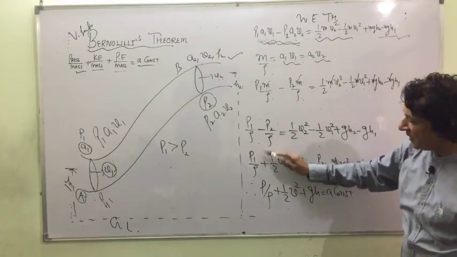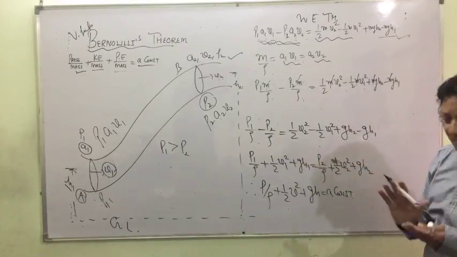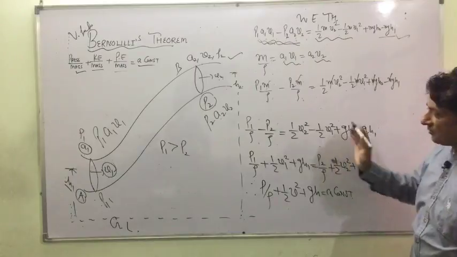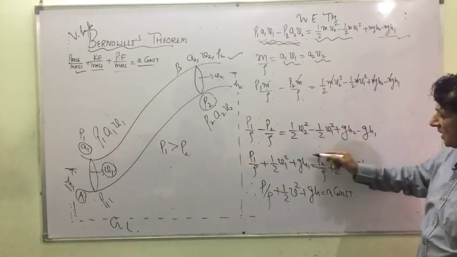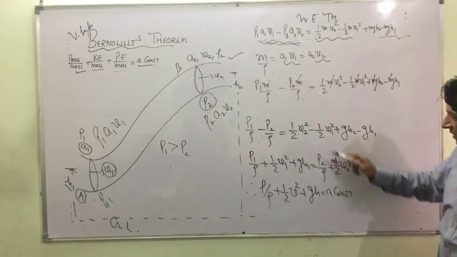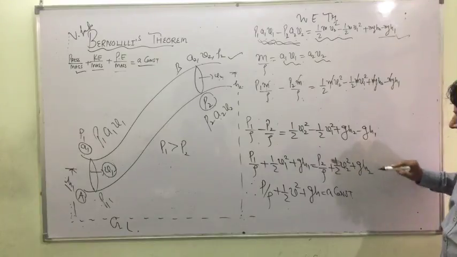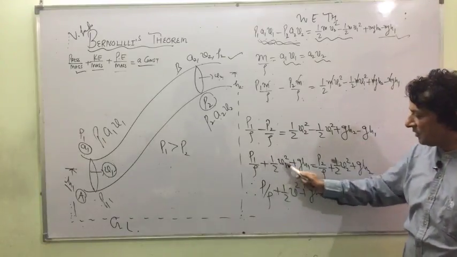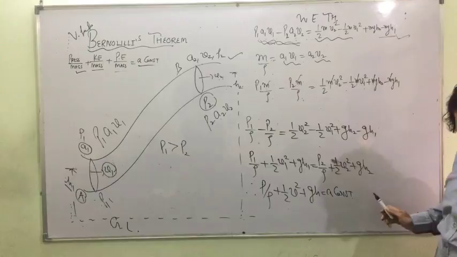We will transfer terms containing 1 on one side. P1 upon rho plus half V1 square plus gH1 equals P2 upon rho plus half V2 square plus gH2. So 1 terms on one side, 2 terms on the other side.